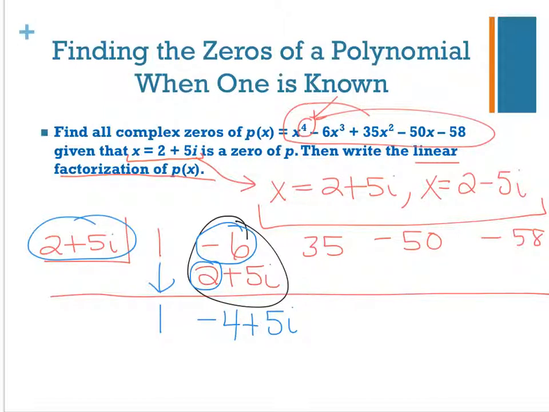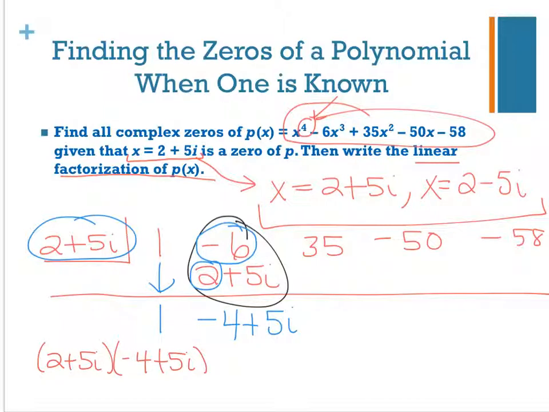So when I combine -6 and 2 plus 5i, I get -4 plus 5i. Now I need to multiply this -4 plus 5i times 2 plus 5i. Okay, so right here I'm going to do a little bit of work. I'm going to multiply 2 plus 5i times -4 plus 5i.